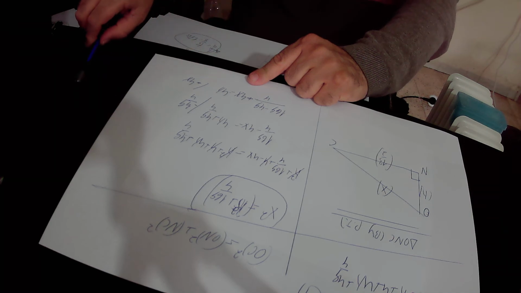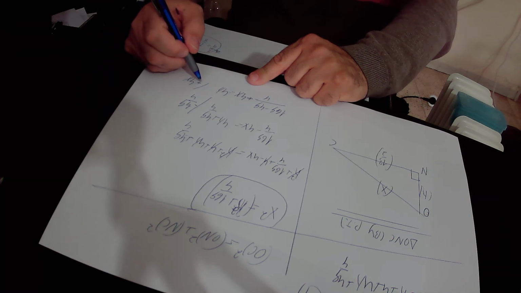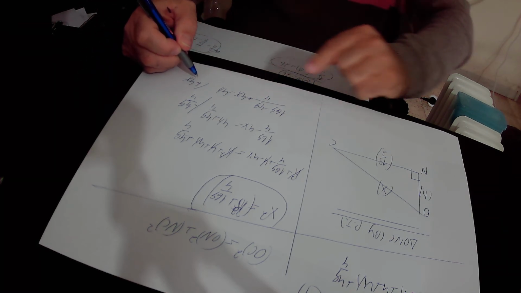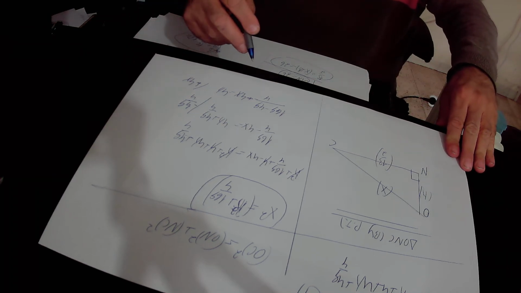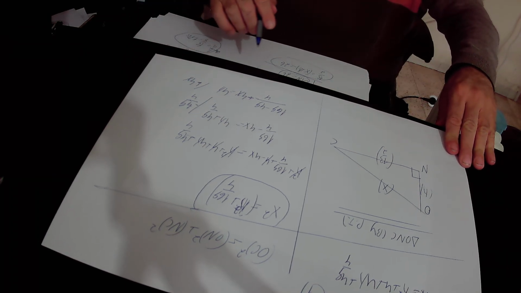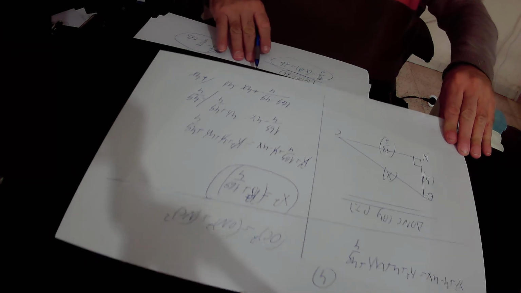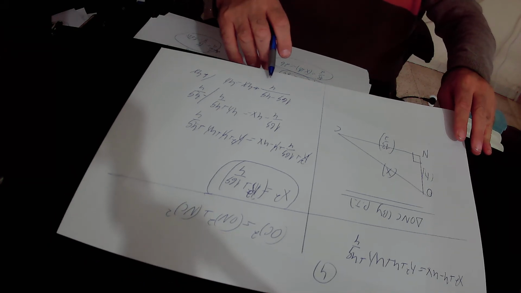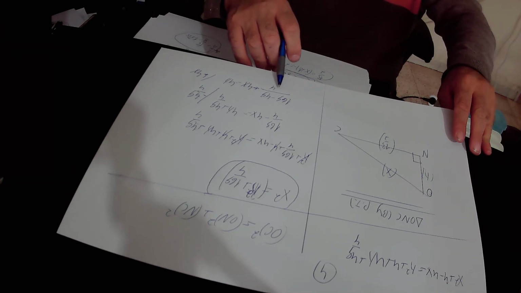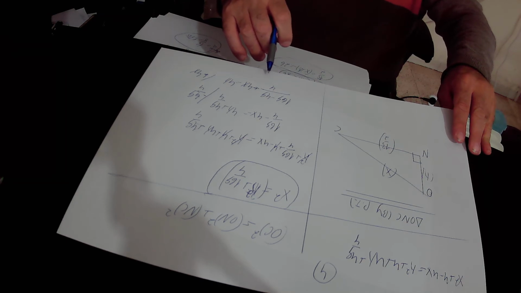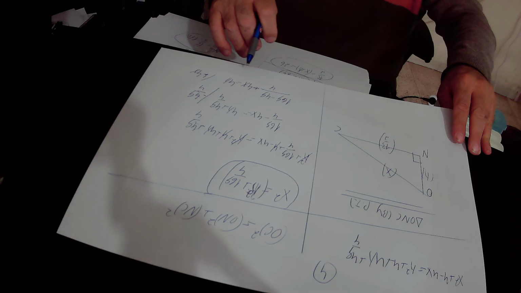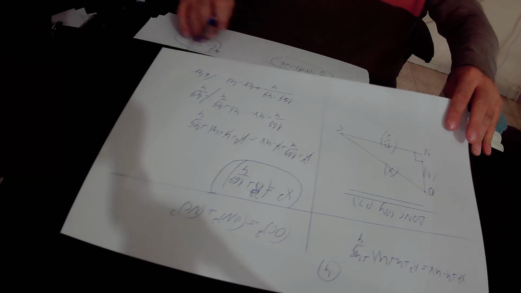We added 4x to this equation and found out that 169 minus 49 is 120, so in total this expression equals 120 over 4. 120 over 4 equals 4h plus 4x. So we added 4x to this equation.